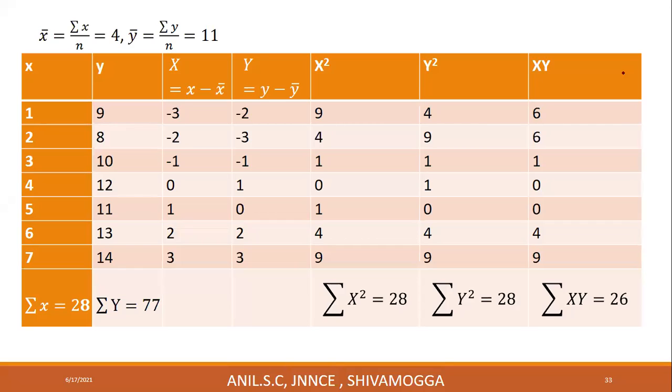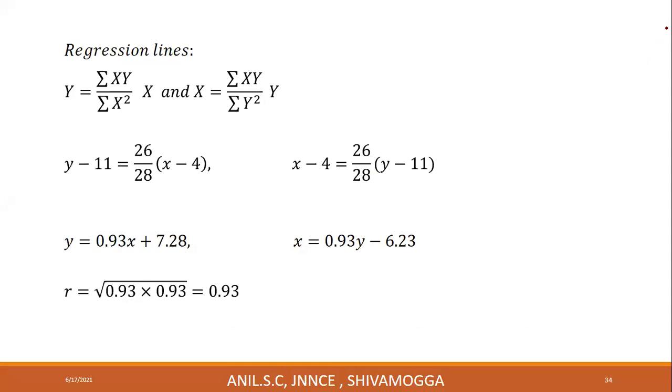You either note down all the values or take a screenshot of this, and later you can prepare the notes. This is the calculation: the two regression lines and calculation of R.